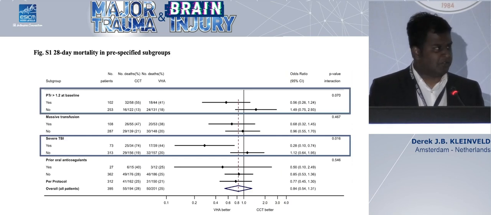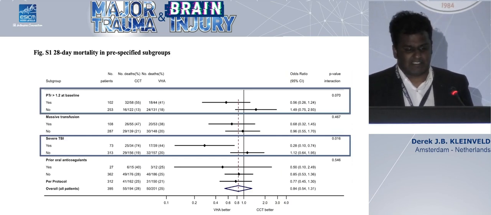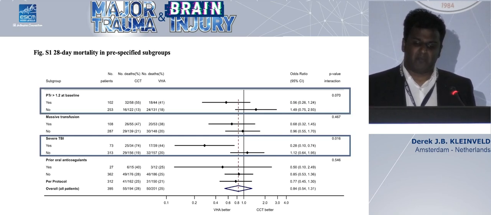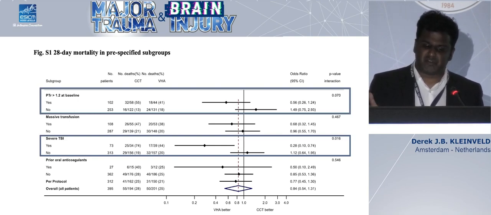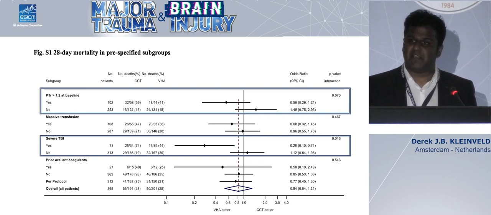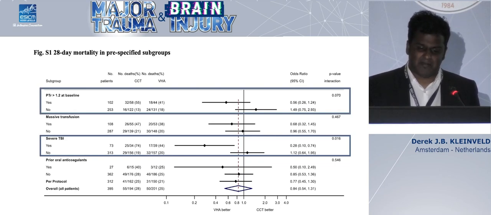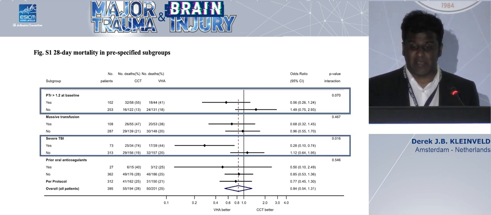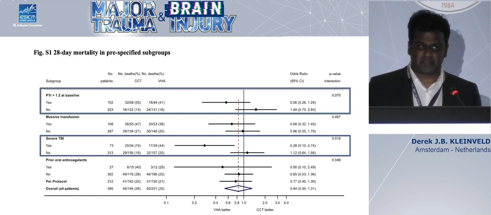However, if you look at the pre-planned analysis in patients who were coagulopathic, so with a PTR, so an INR of 1.2 or higher, you see some trend towards VHA being better in 28-day mortality. And also in the group of severe TBI patients, VHA-guided transfusion strategy seems better than the conventional assays, although those numbers are quite small.